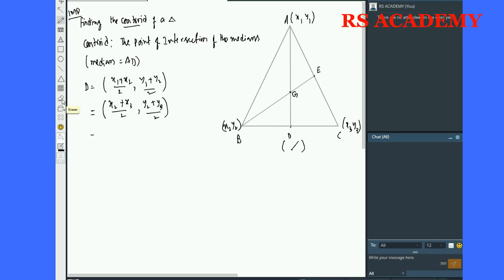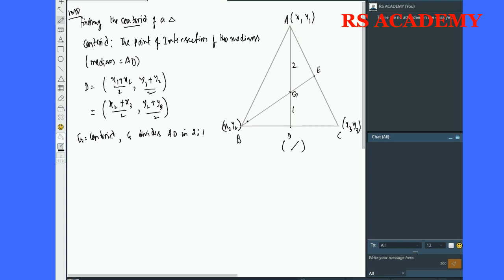So now we have to find the coordinates of G. Now G divides AD in the ratio 2:1. This is a concept: every centroid, not only G, divides AD in the ratio 2:1.